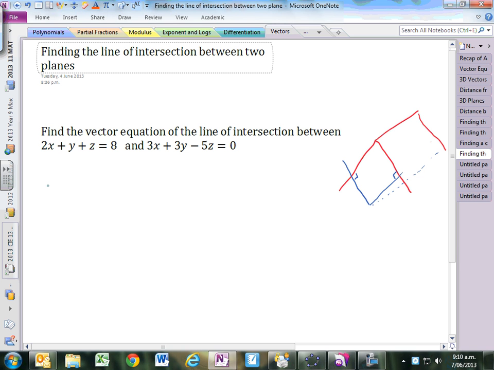So once again, let's talk about normal 1. Normal 1 would be what? 2, 1, 1, correct? And normal 2 will be 3, 3, and -5. Good. So there are two normals. Do we need to find the modulus of them?